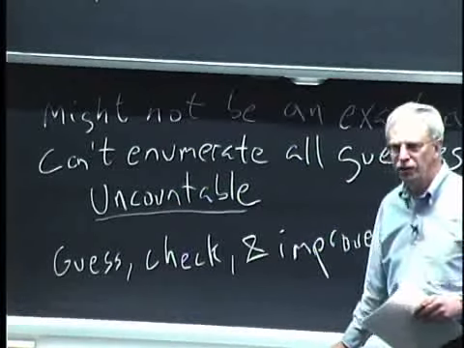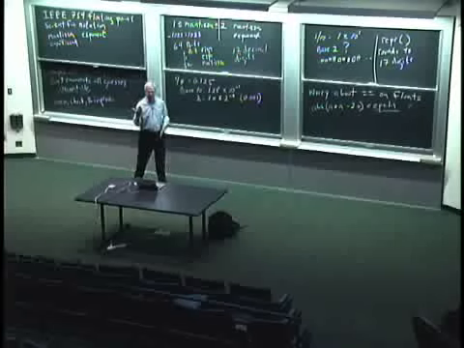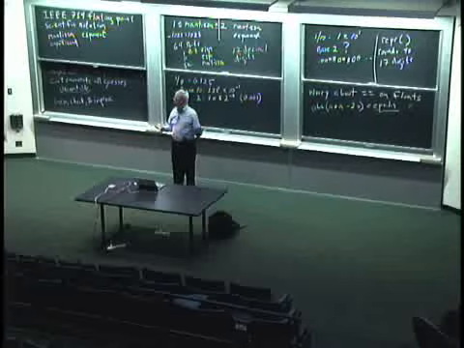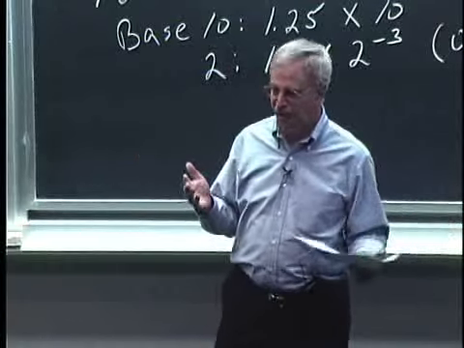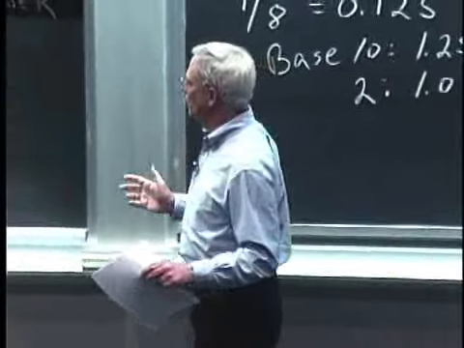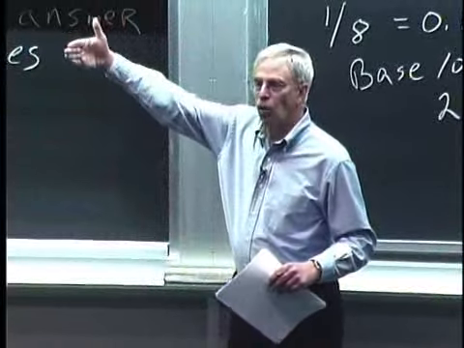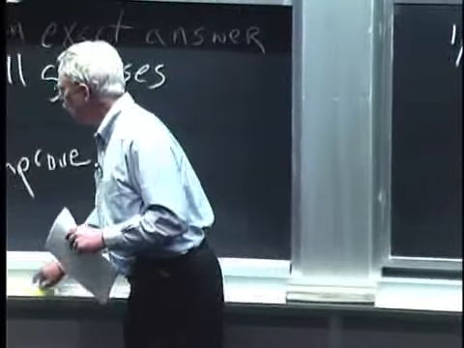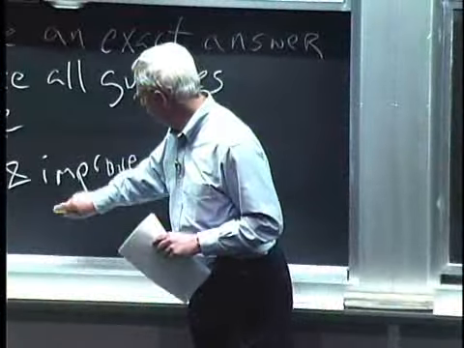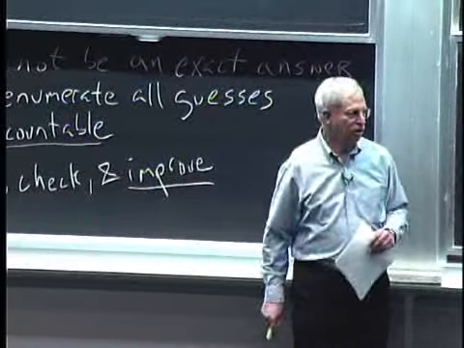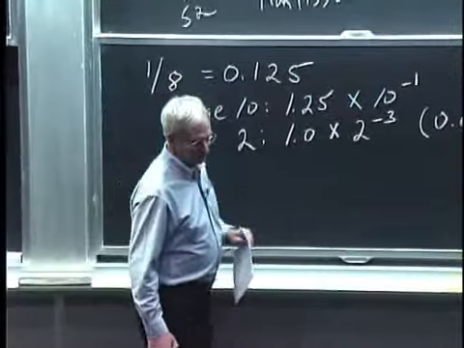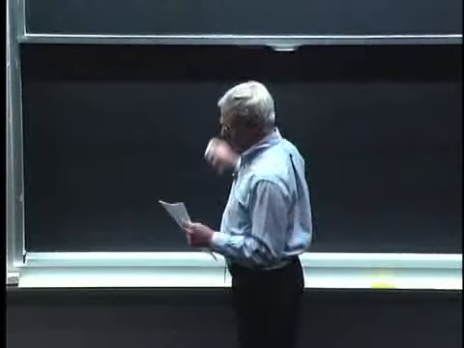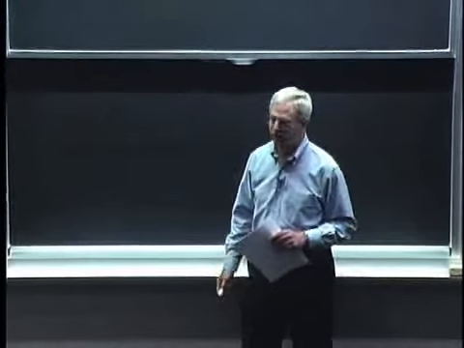Previously, we just generated guesses in some systematic way, but without knowing that we were getting closer to the answer. Think of the original barnyard problem with the chickens and the heads and the legs. We just enumerated possibilities, but we didn't know that one guess was better than the previous guess. Now, we're going to find a way to do the enumeration where we have good reason to believe, at least with high probability, that each guess is better than the previous guess.